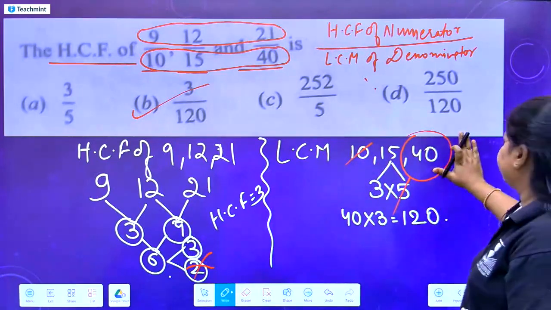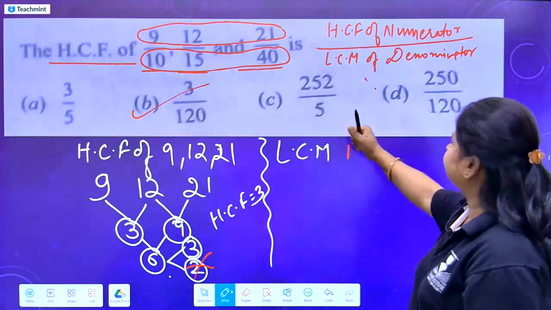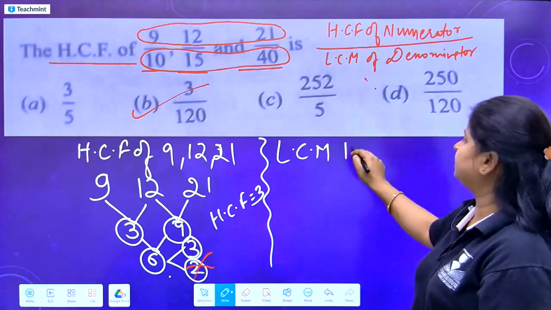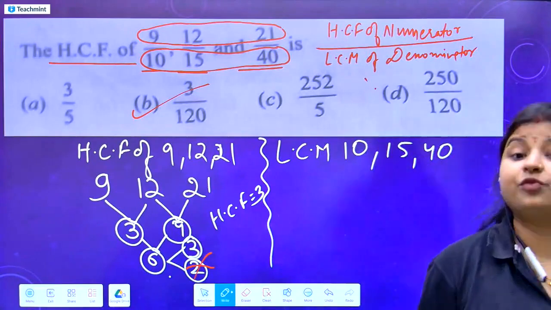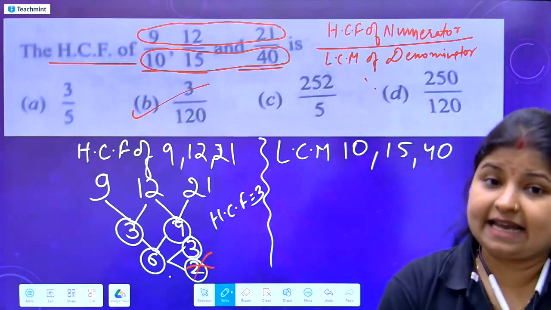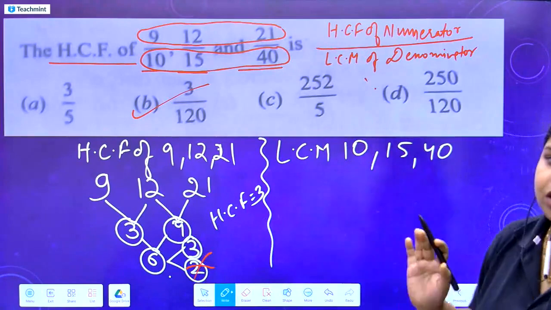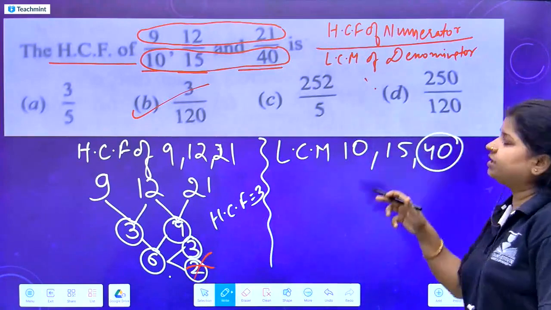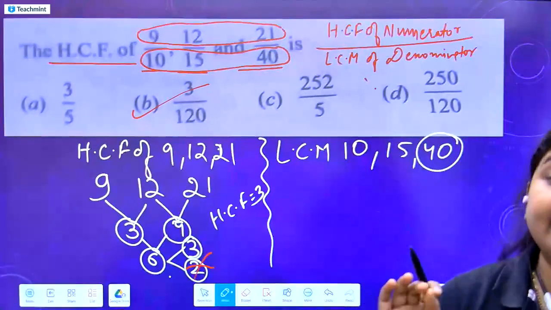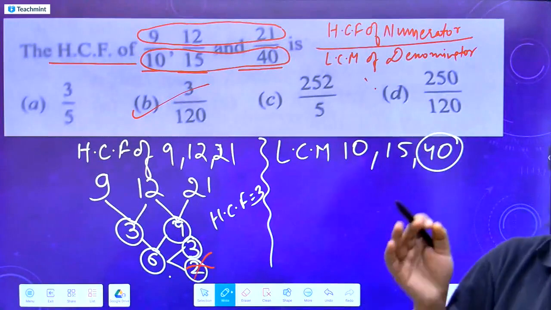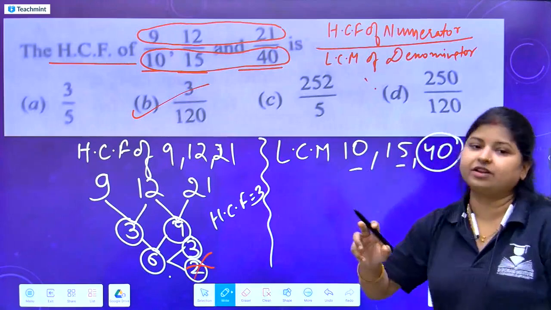Okay, see. I have to take out the LCM of the denominators, that is 10, 15 and 40. In the last class, we learned the short trick of LCM, that the highest number among the given numbers can be the LCM. So the highest number is 40, right? 40 could have been our LCM, but the condition is that this 40 should be divisible by the rest of the given numbers.